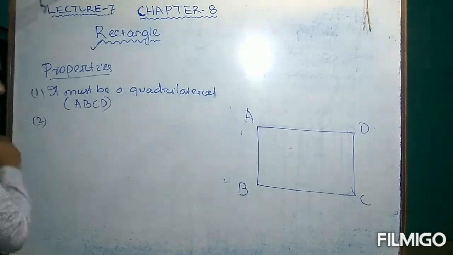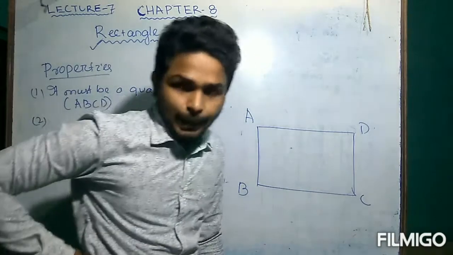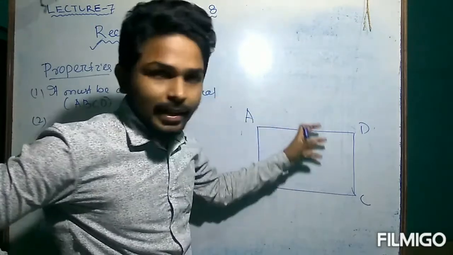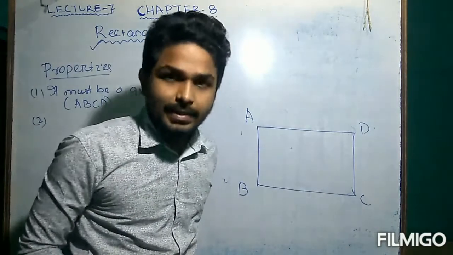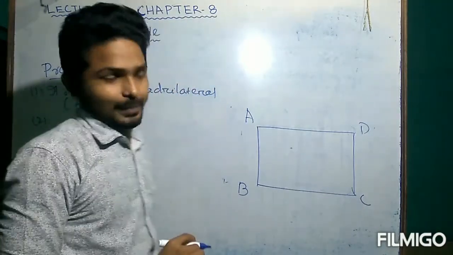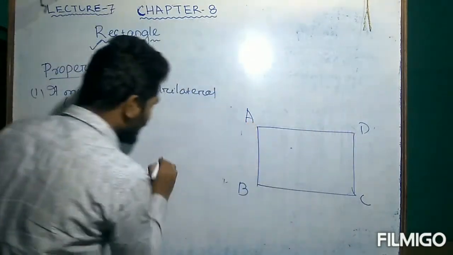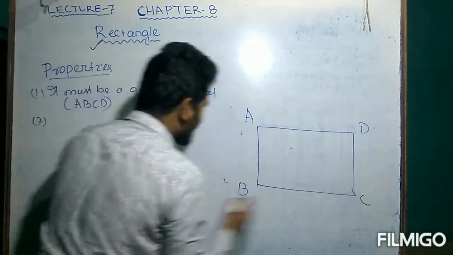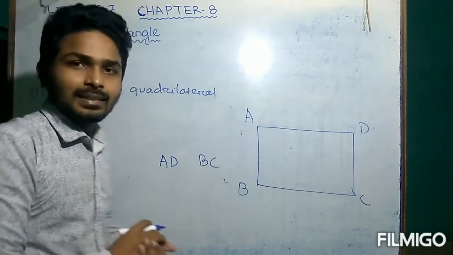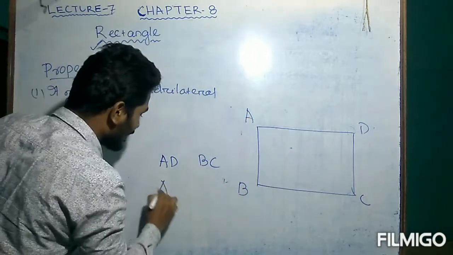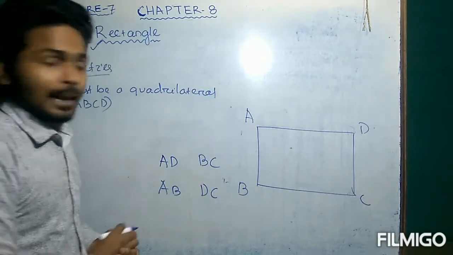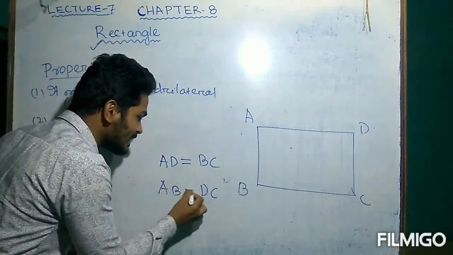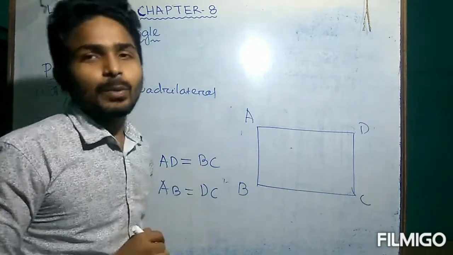Coming to the second property. The second property is that in a rectangle, the two pairs of opposite sides are equal. Here AD and BC are two opposite sides. Similarly, AB and DC are two opposite sides. And these pairs of opposite sides are equal.